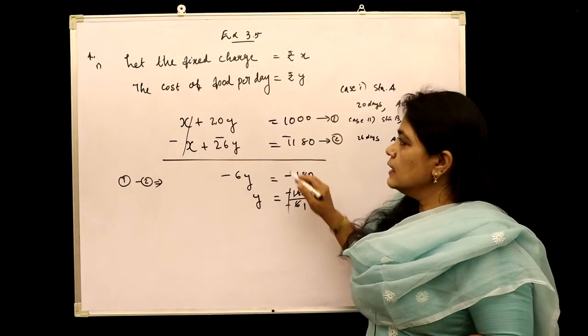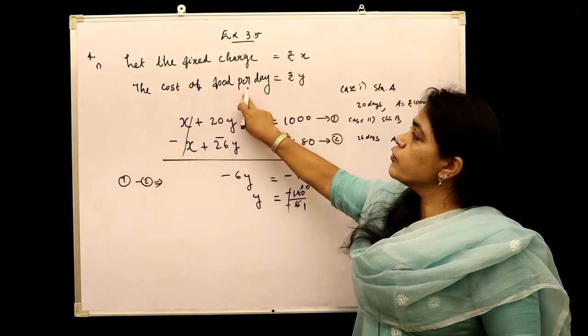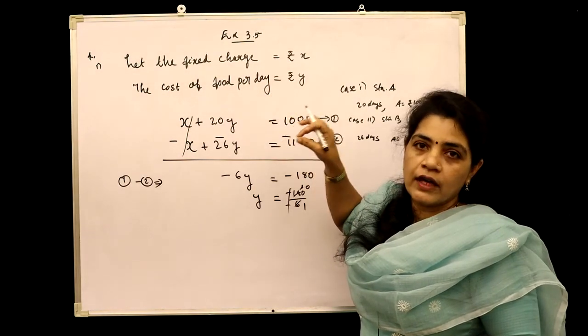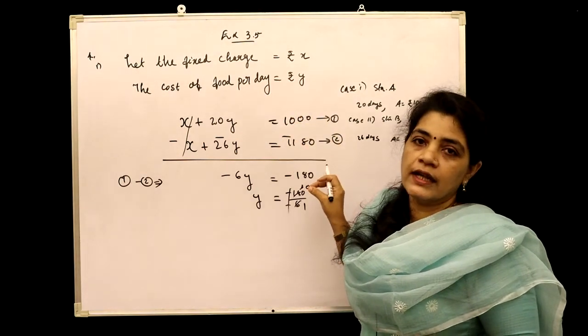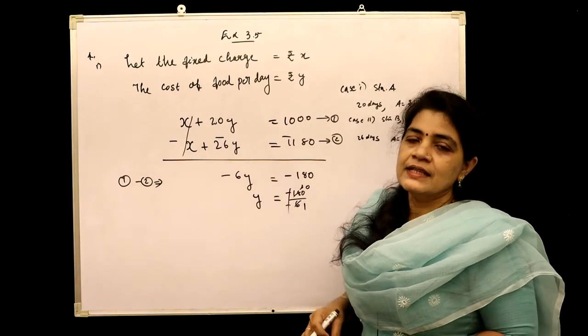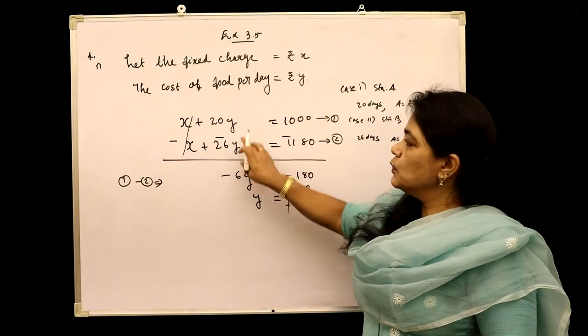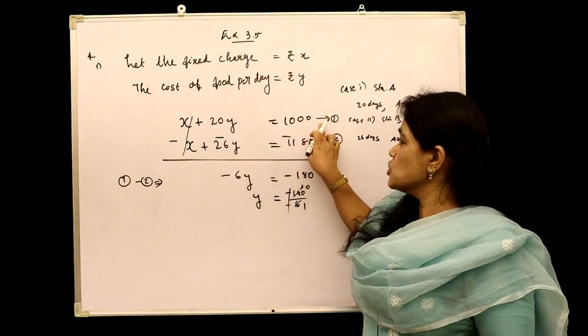So what is 30? That is the cost of food per day, which we have taken as y, so we got it as rupees 30. Secondly, we have to get the value of x also, which you will get from equation number 1.